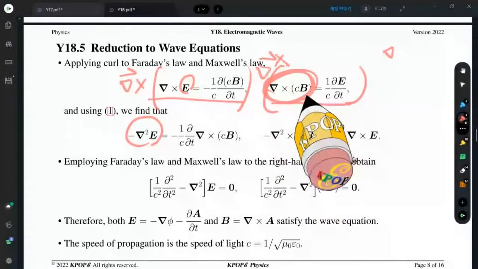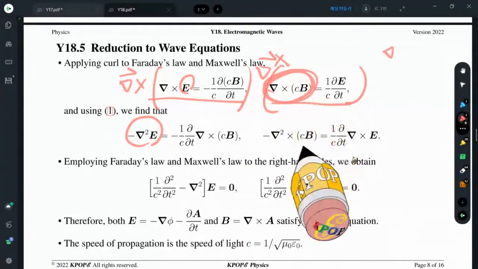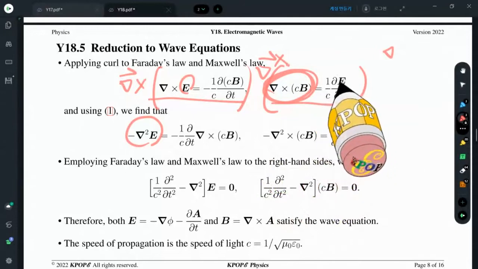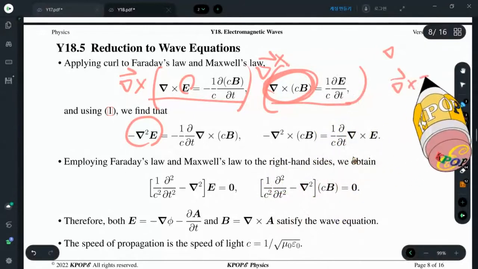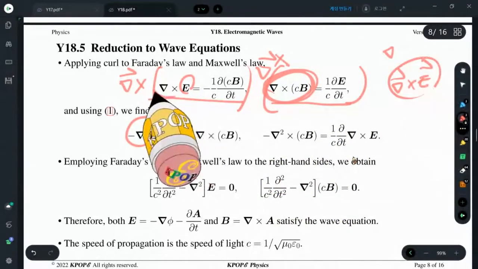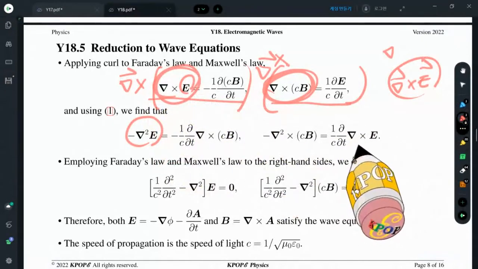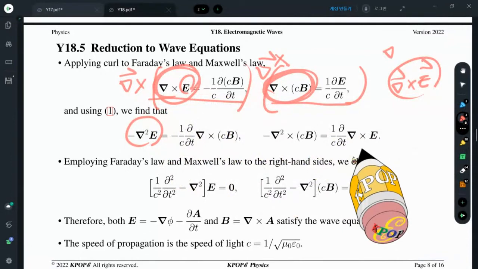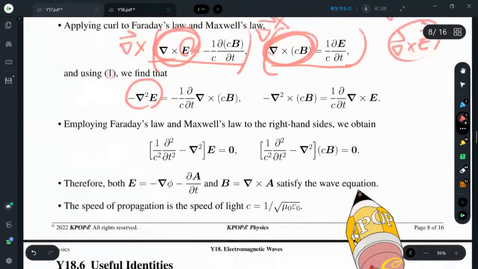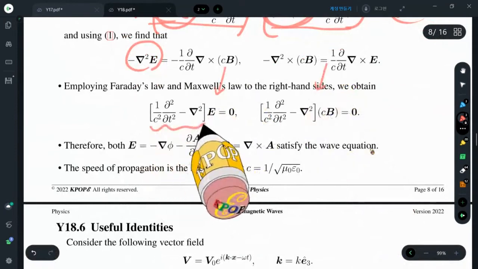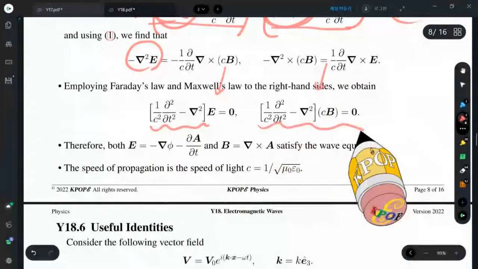In a similar manner, the curl of the curl of B will be minus the Laplacian of B, and this will give the curl of E, and if we use this curl E relation, again, it becomes the second order time derivative of the magnetic field. Therefore, these two equations reduce to a similar equation.